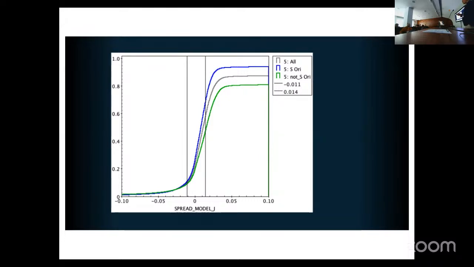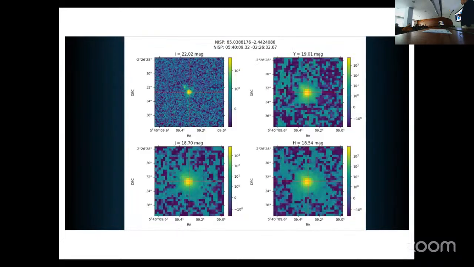From pretty much a scatter plot in the color-magnitude diagrams and color diagrams, we were able to clarify things. Another thing that is coming from the high spatial resolution of Euclid is the possibility to detect companions. In this particular case, we have detected a possible planetary mass companion to a planetary mass primary. I'm not sure how to call that, but well, that's what it is, a candidate planetary mass companion around a planetary mass primary.